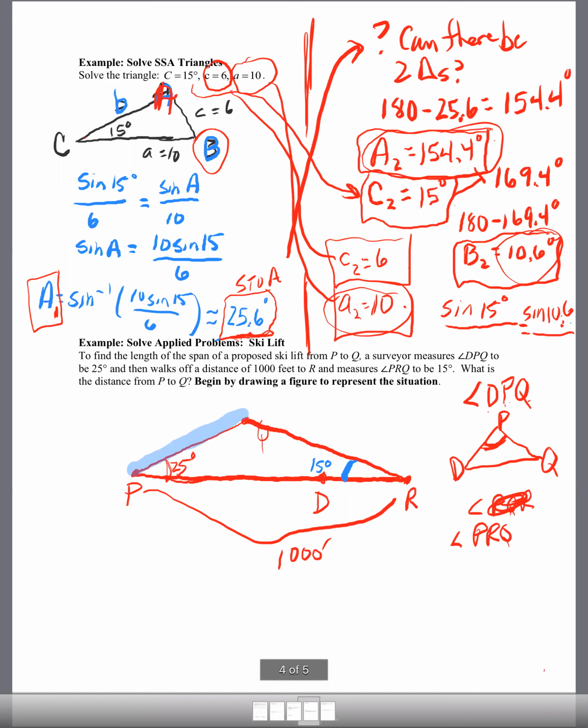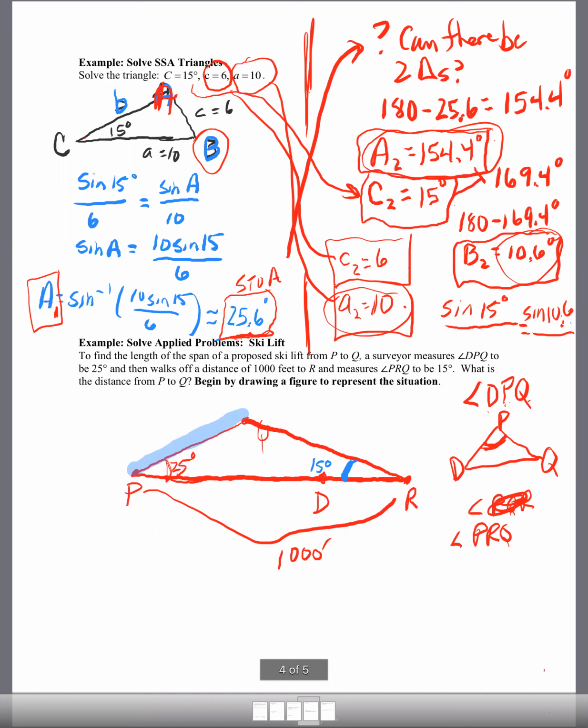So like I said back in section 8.1, you lose all idea of what A and B and C are, where they're located and everything, because in this problem here, they used a whole different alphabet even. So what we need to look at is, do we have any pairs of information? What kind of triangle do I actually have information for? Okay.